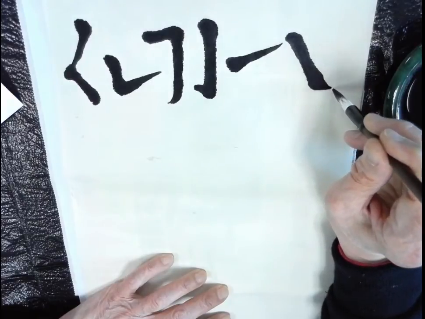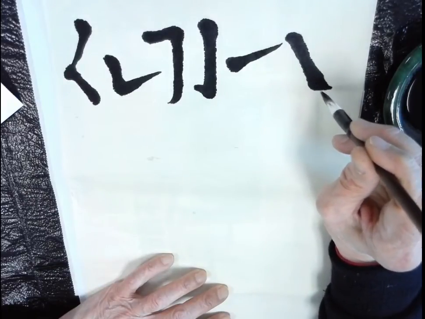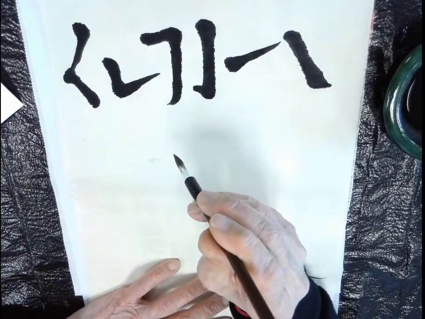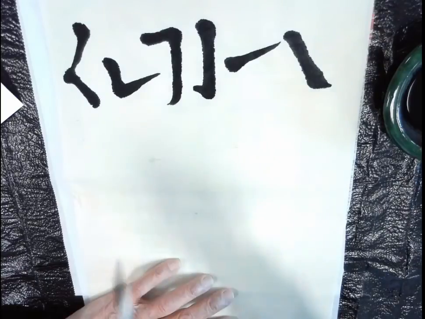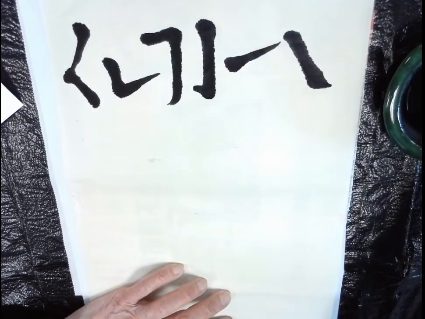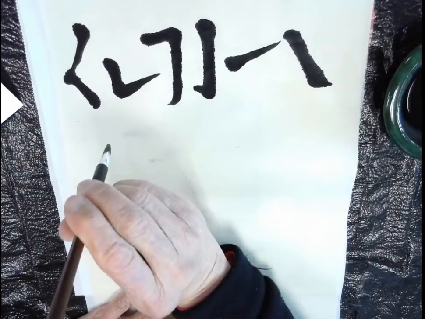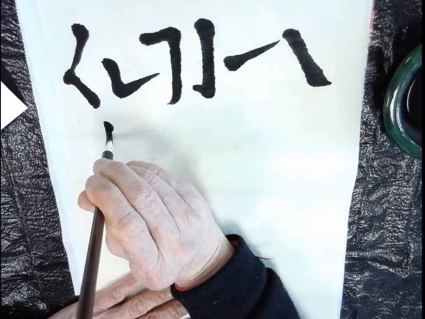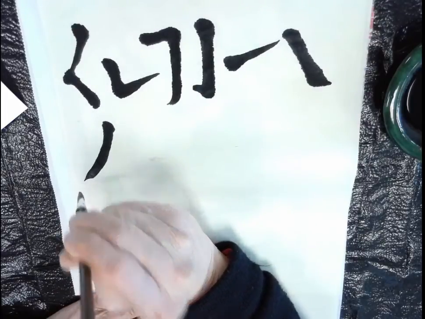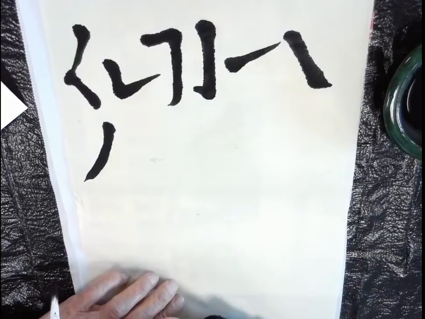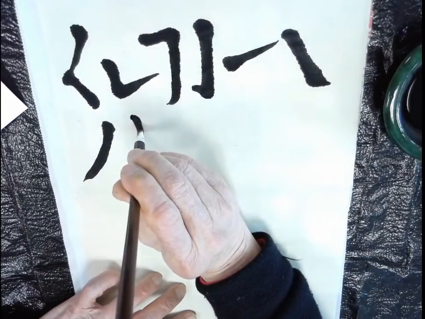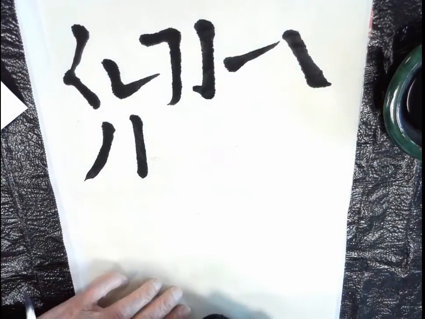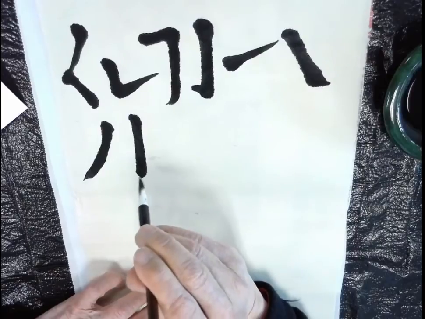Slow down on that, otherwise you won't get that shape. And then we have the diagonal this way. Over here, you go down like that. See, round end, you just don't drag it out.